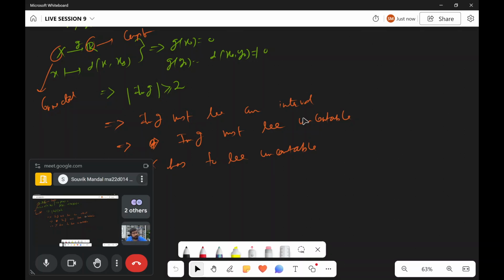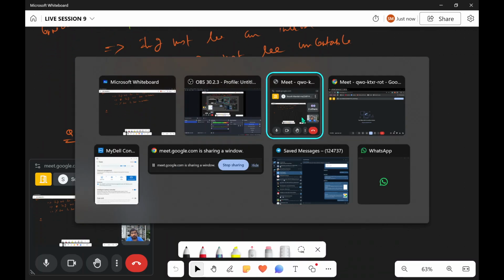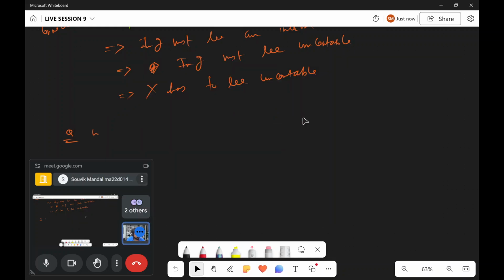Yes, I understand. Okay, can you please repeat your next question? Why is S^n minus a countable set of points connected?